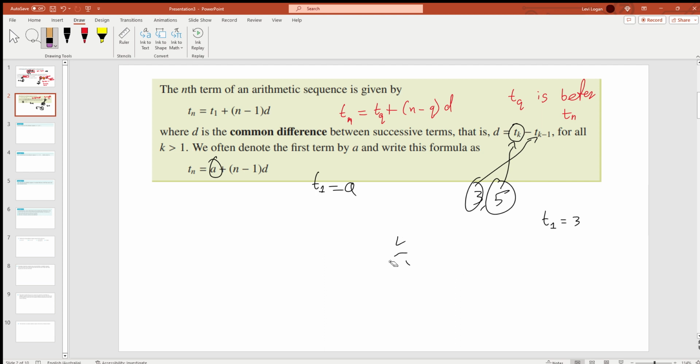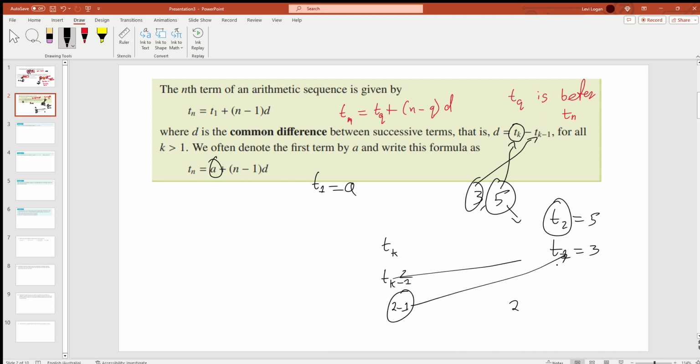Let's label that, this is T of 2. T of 2 is 5. And then T of 1 would be 3. And that matches up as well, because if we label that K, and that K minus 1, we can see that if 2 was K, and we put 2 in here, minus 1, that would give you 1, if that makes sense. So this means the term beforehand, okay?